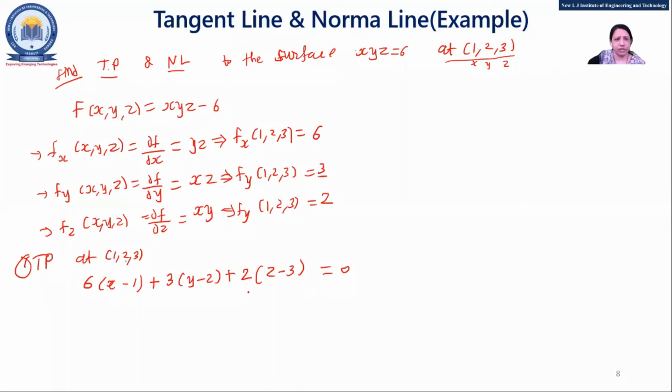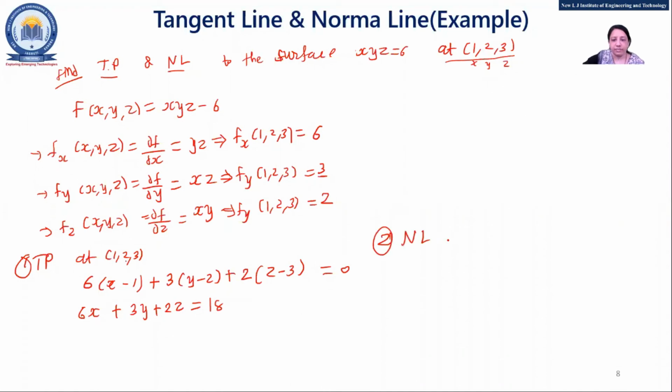Just simplify this equation, nothing else, right? So that is 6x plus 3y plus 2z equal to 18. So it is the tangent plane.